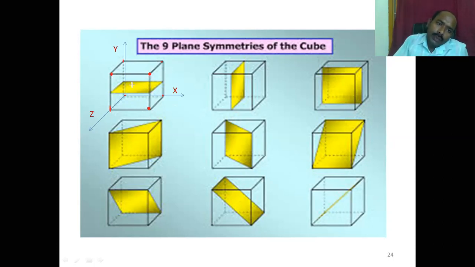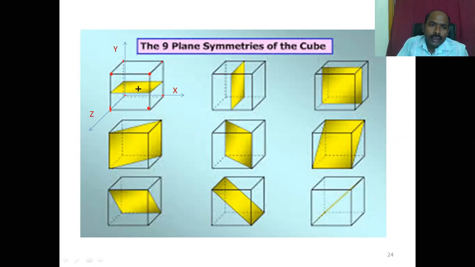If we see in this mirror, the images of the upper 4 points appear at the lower plane. So we are observing the images of the above lattice points about this yellow plane. Therefore, this plane is called a mirror plane. That is the concept of mirror symmetry, and the symmetry element here is the plane.